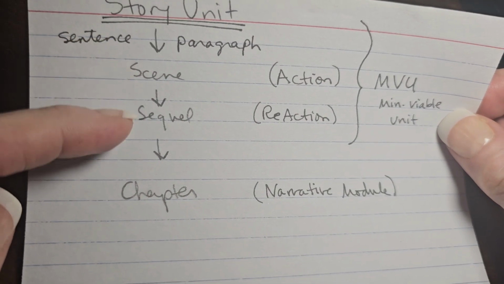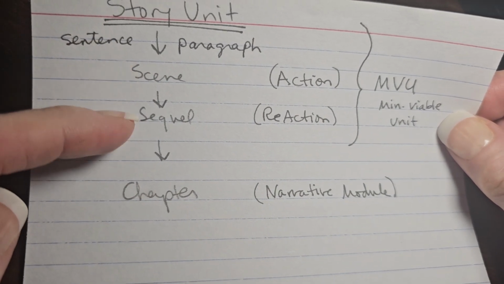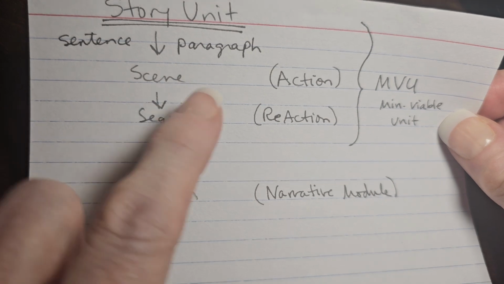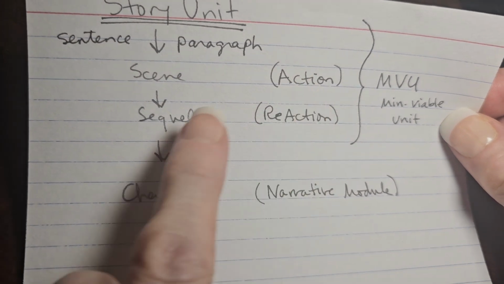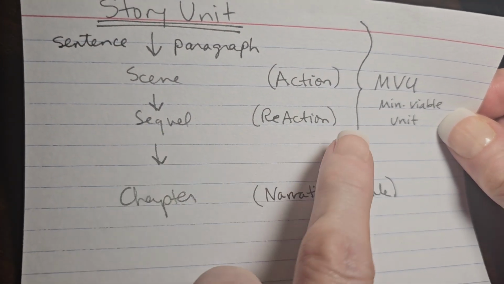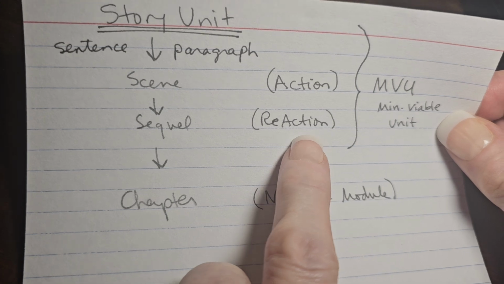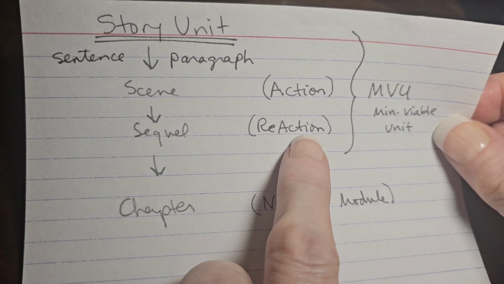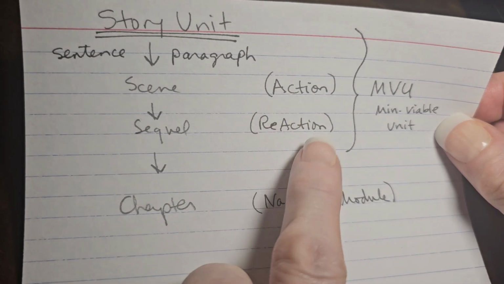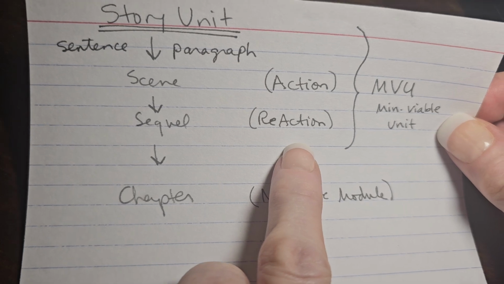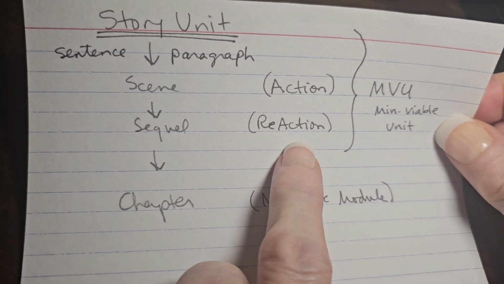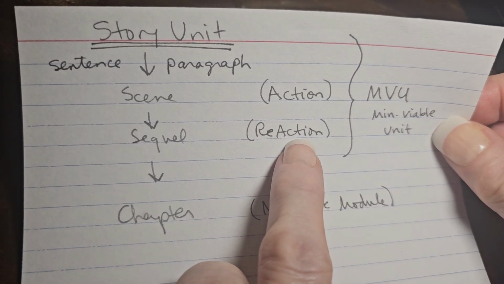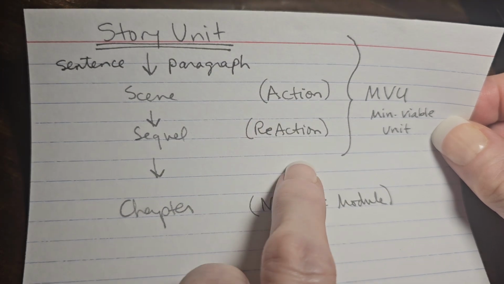So scene and sequel can be alternatively stated as a scene is any action and its sequel is a reaction. And that can be either something dramatic, it can be an internal character reaction. It can simply be a character having a monologue or thinking about something. It doesn't have to be bombs blowing up.